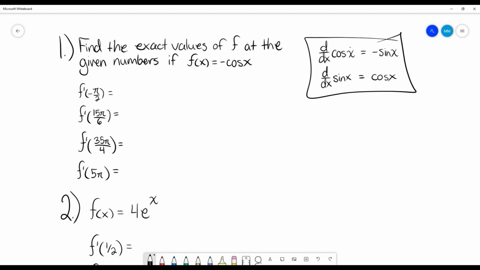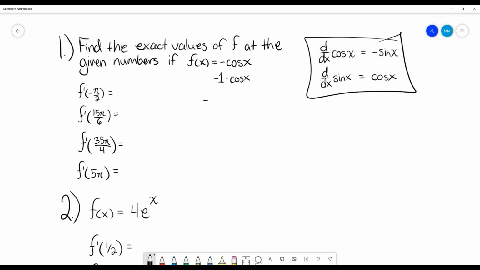But so it says the derivative of cosine of x equals negative sine of x, and this negative right here, we know that's a negative 1 times cosine of x is another way we can write that. So this is just a coefficient. It's not part of our derivative at all, because if we have a constant coefficient, we keep that in front of our derivative.